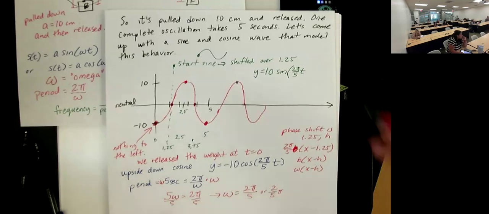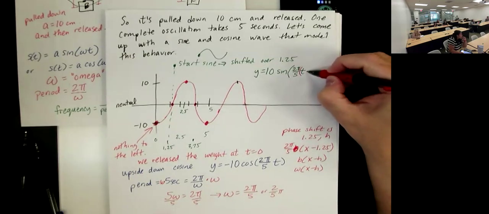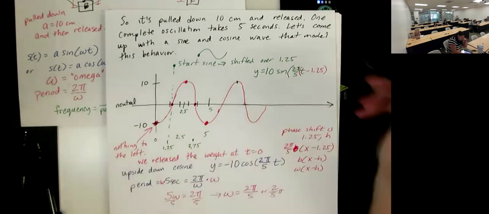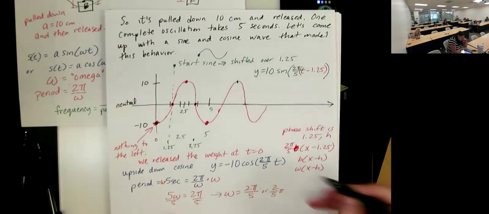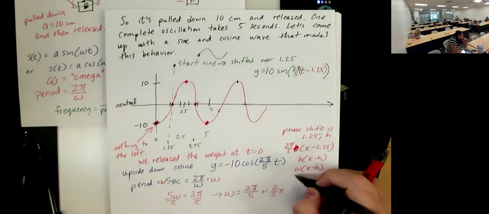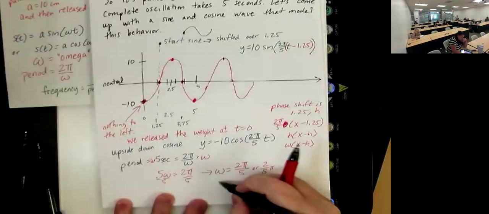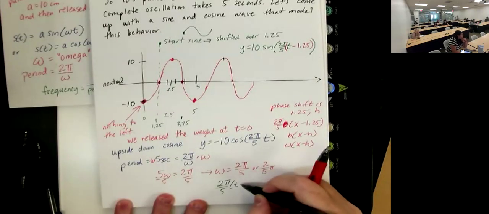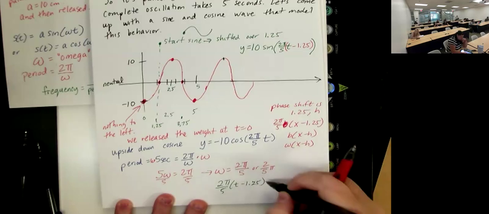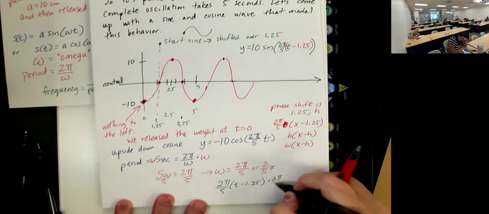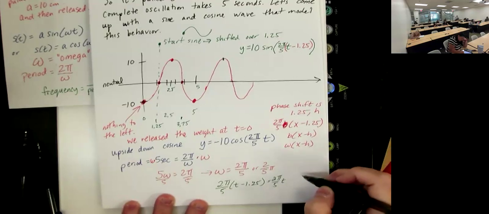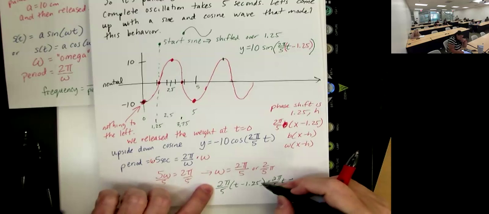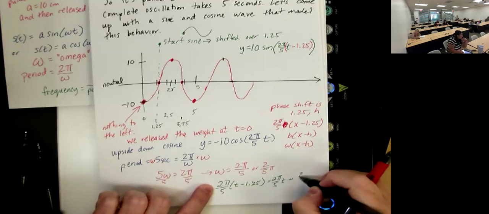So I could do that. I could put it in parentheses and do T minus 1.25 and leave it just like that. Or I could multiply it through. 2 pi over 5 times T minus 1.25 gives me 2 pi over 5T minus 2 times 1.25 is 2.5.